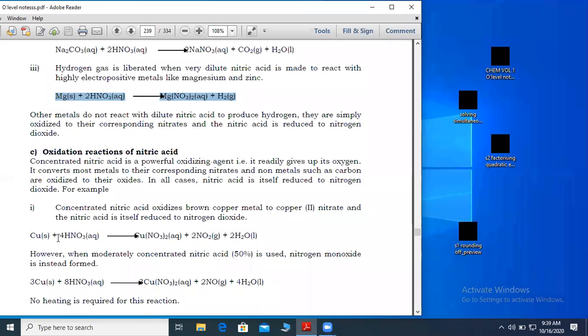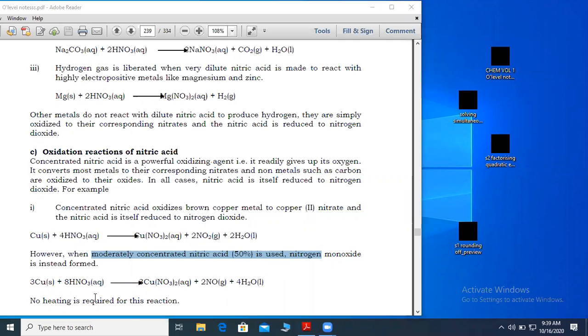When nitric acid is concentrated, then the product is nitrogen dioxide plus water. However, when nitric acid is moderately concentrated, the product is nitrogen monoxide plus water.